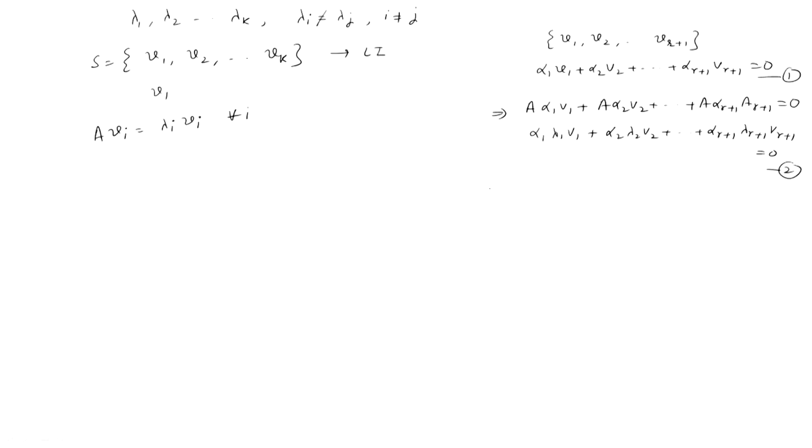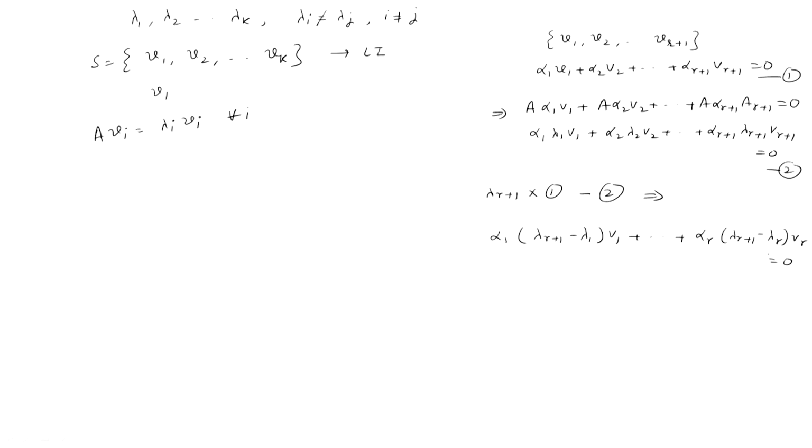You can multiply 1 by lambda r plus 1 and subtract 2. So what will we obtain? We will obtain alpha 1 into lambda r plus 1 minus lambda 1 times V1 and so on up to alpha r into lambda r plus 1 minus lambda r times Vr equal to 0.